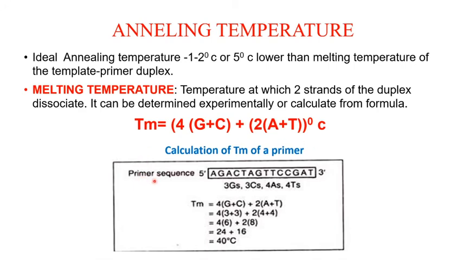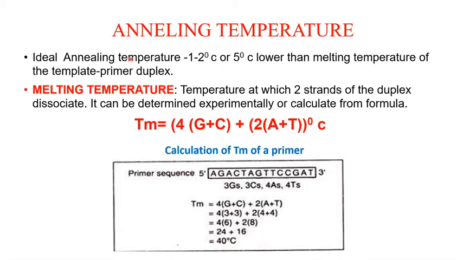Suppose we are taking a primer sequence with 3 Gs, 3 Cs, 4 As and 4 Ts. These are guanine, cytosine, adenine and thymine. If a primer sequence is given like this from 5' to 3' end, by using the above formula, Tm = 4 times (G plus C) plus 2 times (A plus T), we can calculate the melting temperature, and it will be around 40 degrees Celsius.